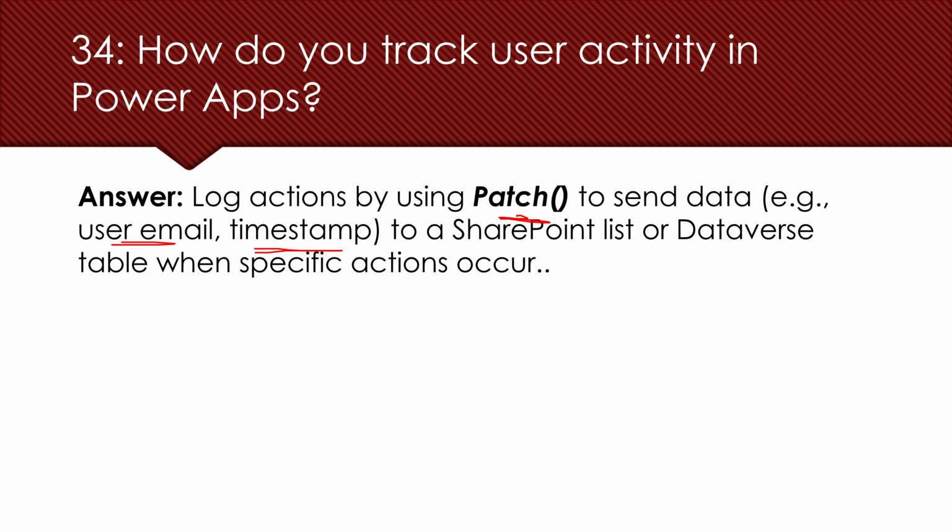For example, when someone clicks on a submit form or send email button, we can also run the Patch function alongside the action the button needs to perform, and store that as tracking information in our SharePoint or Dataverse table.